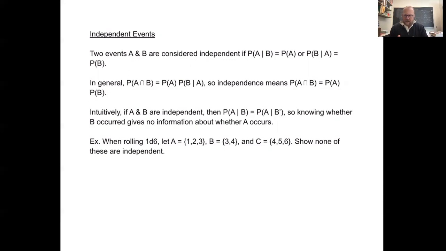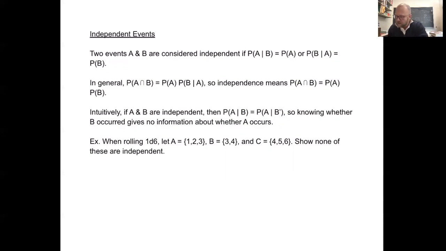All right. So we're going to take a look here now at a quick example at the bottom. It's not anything super complicated, but we're rolling one six-sided die. So we get numbers 1 through 6, right? So we're going to look to see whether these things are independent by calculating probabilities.